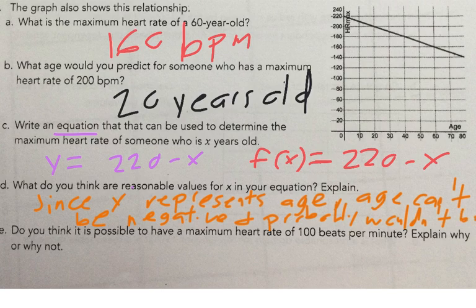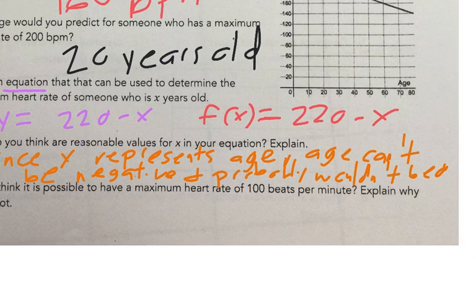Oh gosh, I'm running out of space. Can y'all read my chicken scratch? No. Not good? Okay. Well, I can't get any better, sorry. No, it's not. Since X, I'll fix that. That does look like a Y. Since X represents age, comma, age can't be negative and probably wouldn't be over.